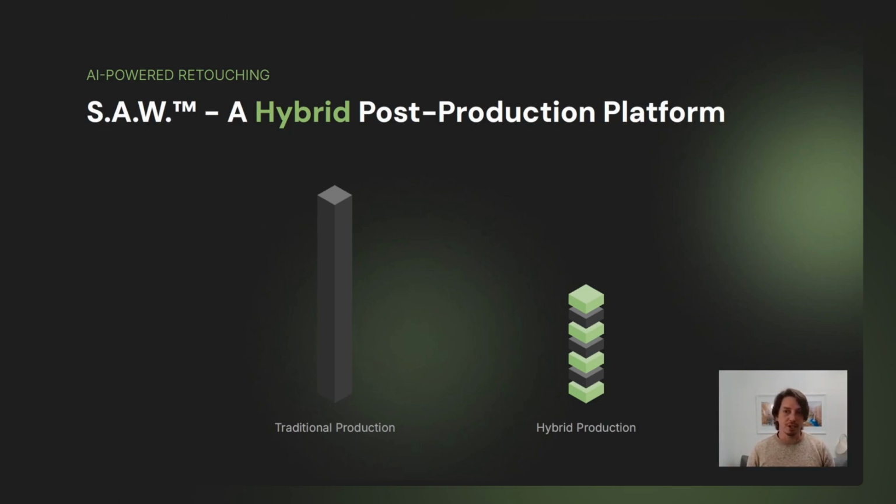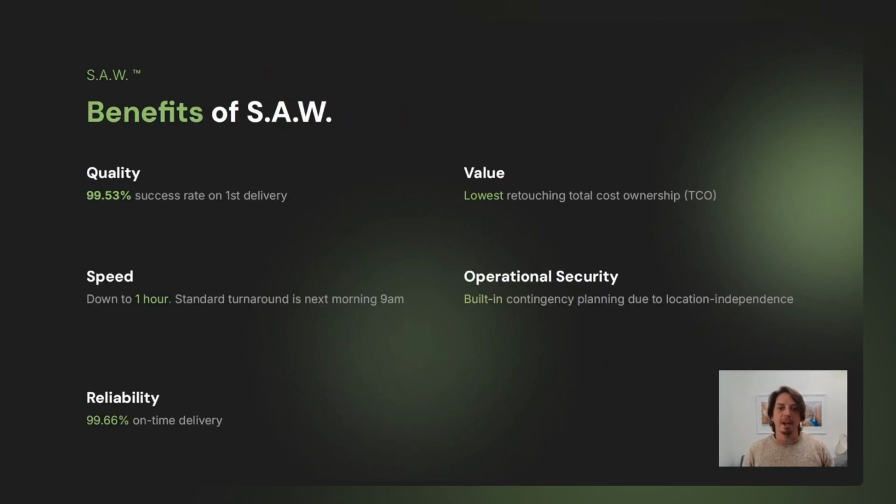SAW stands for Specialist Assisted Workflows, and it's exactly that. It's where we leverage our specialist editor teams alongside our proprietary trained AI and automation. The benefits of this approach are numerous. We can ensure quality, speed, and reliability, and since we have a global production team, it means there's built-in contingency planning due to location independence.